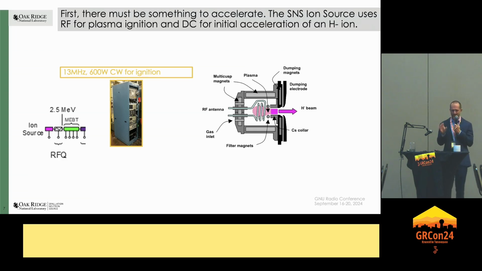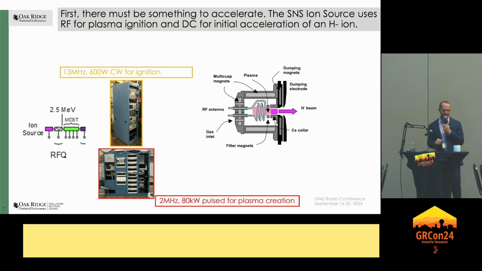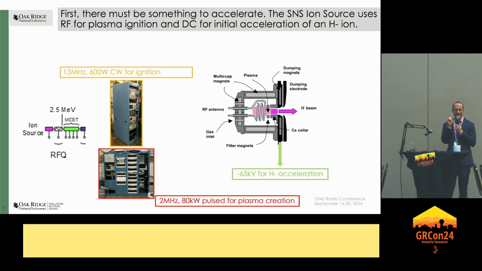So we have a low intensity plasma. We then pulse that with 2 megahertz at 80 kilowatts to really get things going. I should mention that this is hydrogen gas that we're turning into a plasma. We bias this whole thing at negative 65 kV.